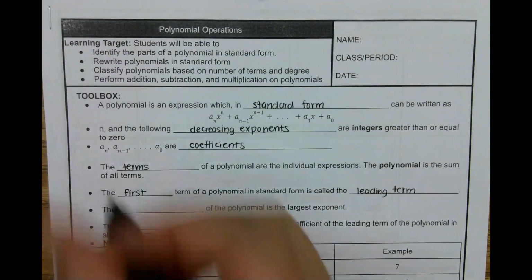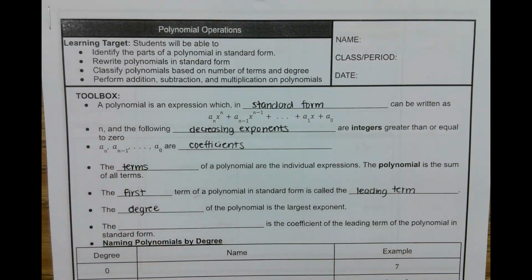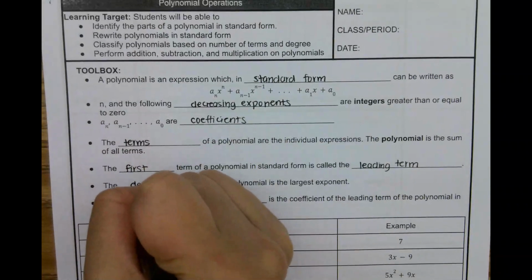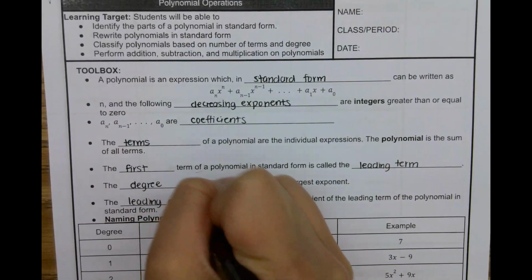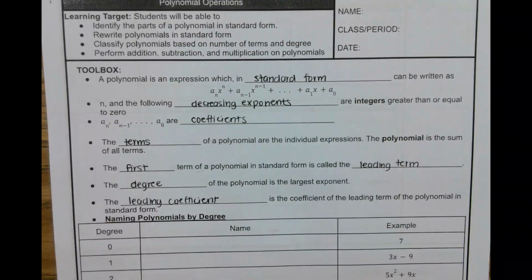And the degree of the polynomial is the largest exponent. The leading coefficient is the coefficient of the leading term of the polynomial in standard form.